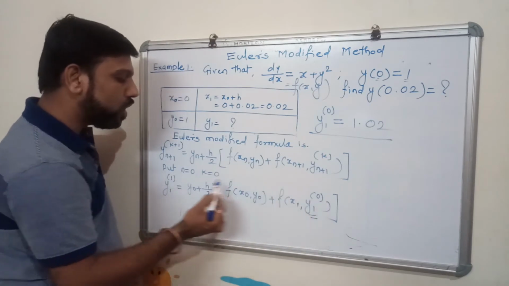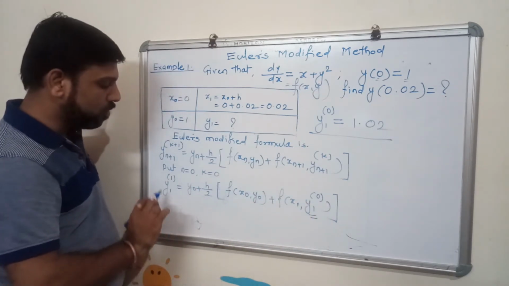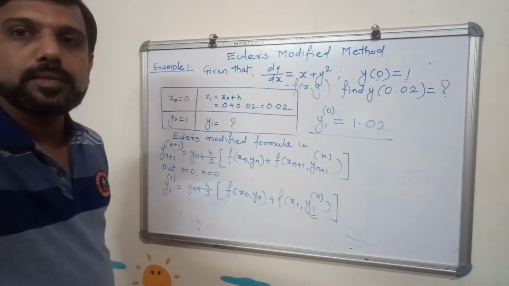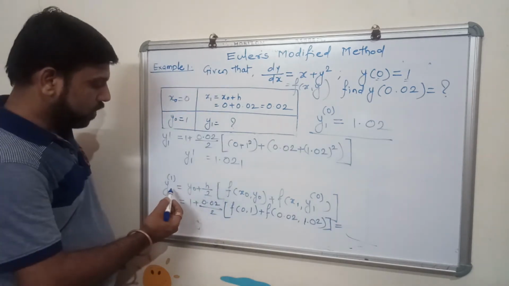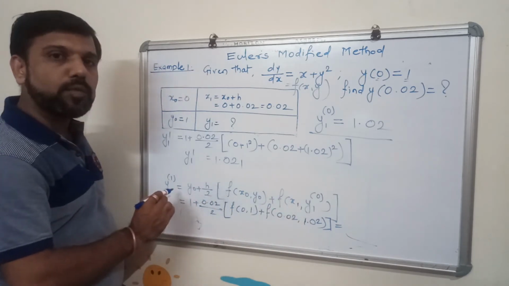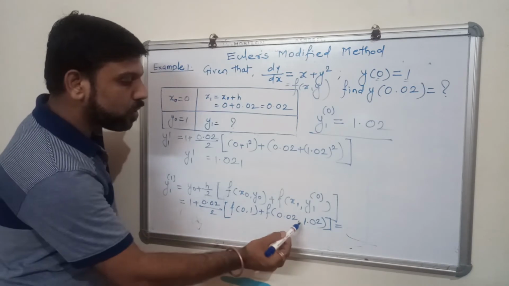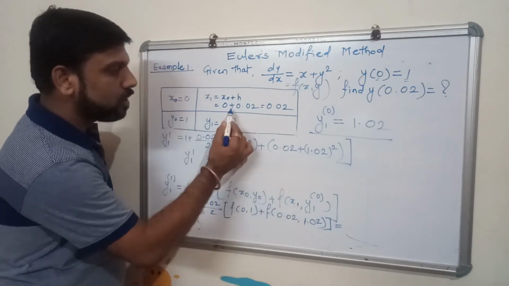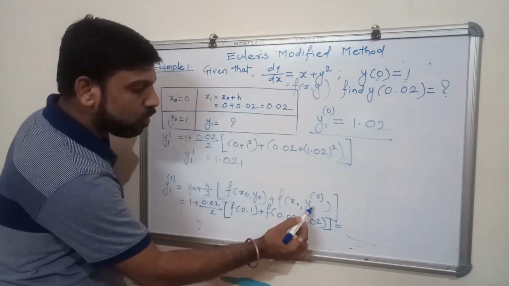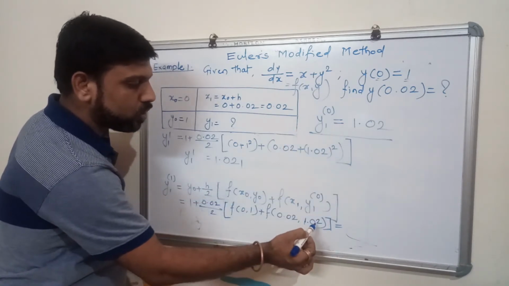Now we substitute all these values in this formula for y1^{(1)}. The y0 value and all these values we know from the table format, and the last value y1^{(0)} we substitute from Euler's formula, 1.02.